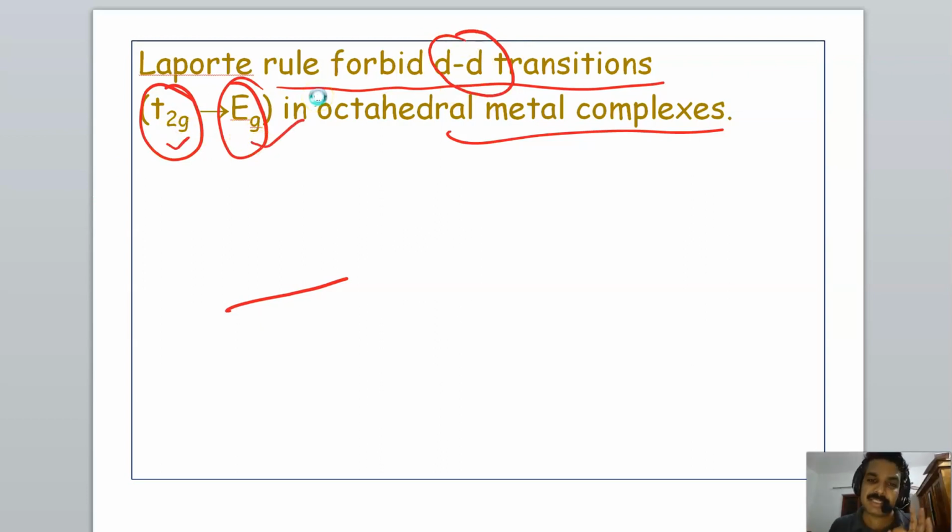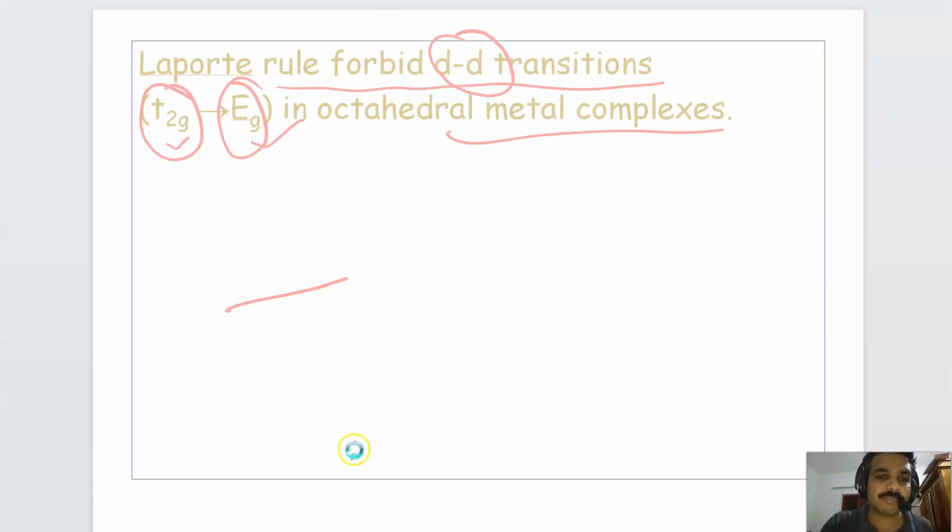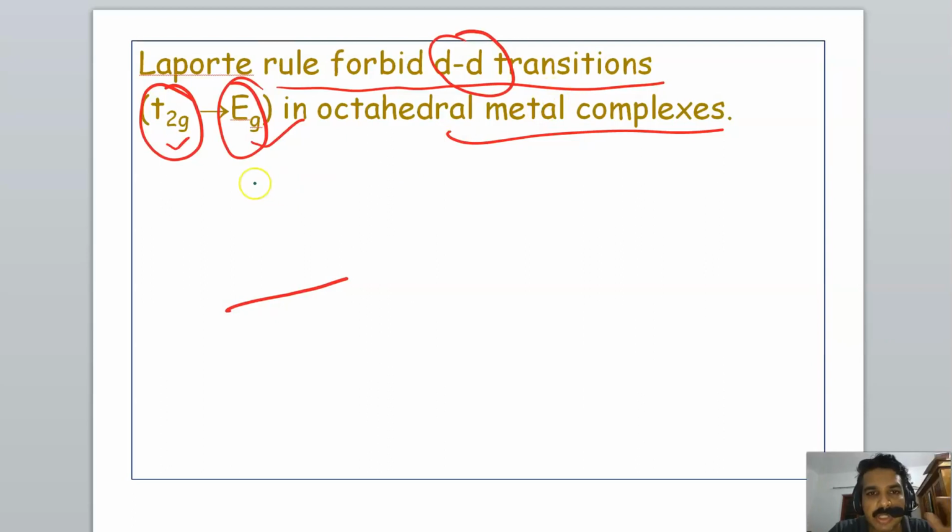This transition is not allowed because it is a G to G transition. According to the Laporte rule, G to G transition is forbidden. That is why d-d transition is a forbidden transition in metal complexes.